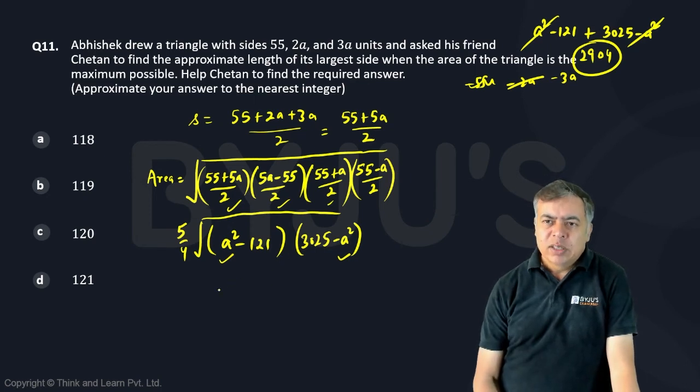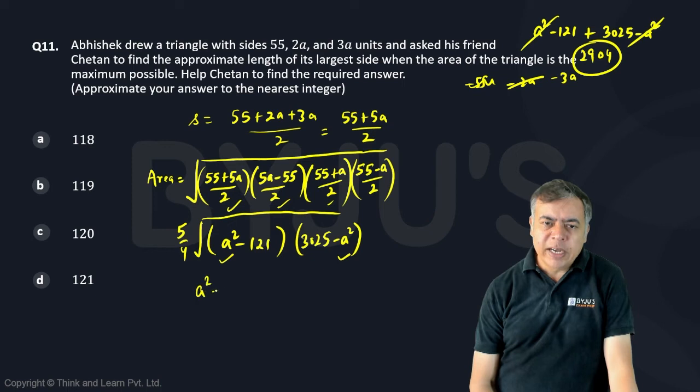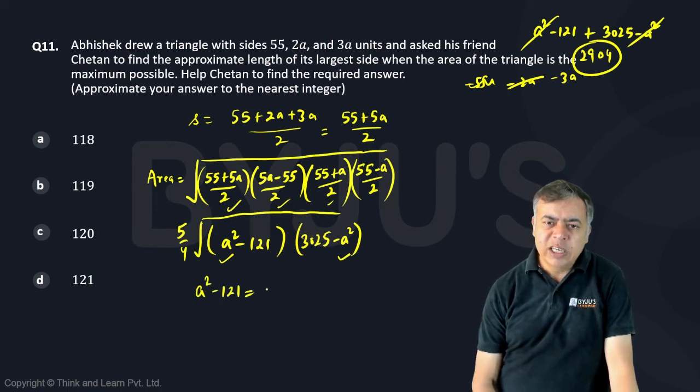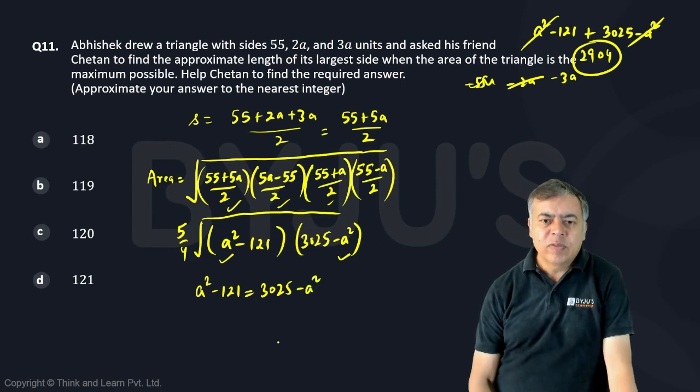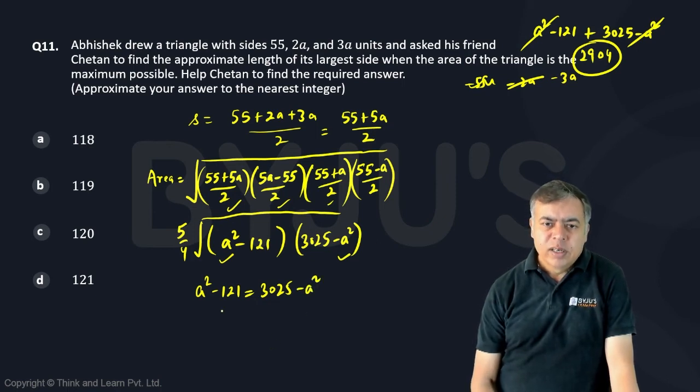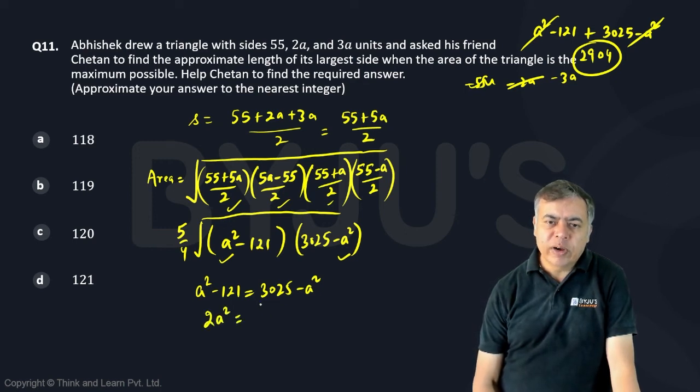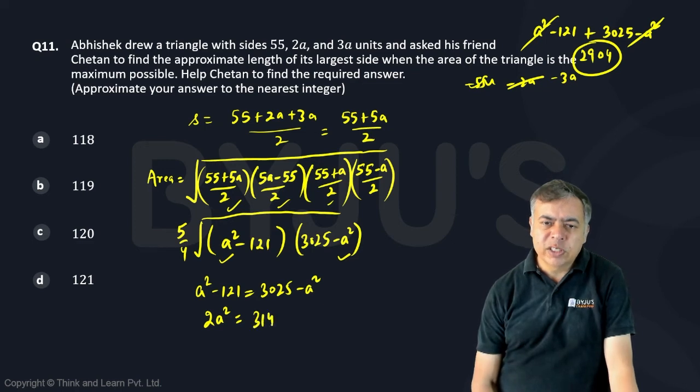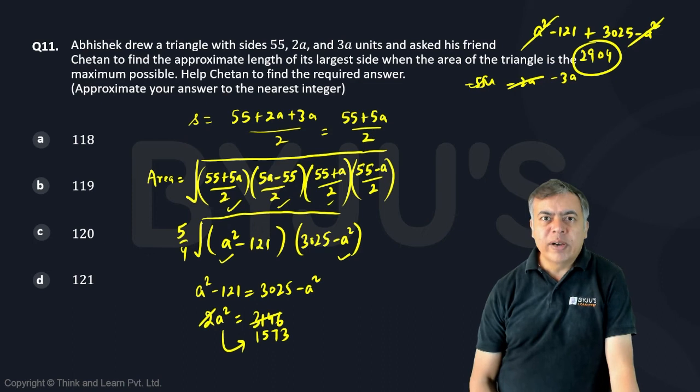That means when a square minus 121 is equal to 3025 minus a square, it becomes 2a square equal to 3025 plus 121, that is 3146. Dividing by 2, a square is 1573.